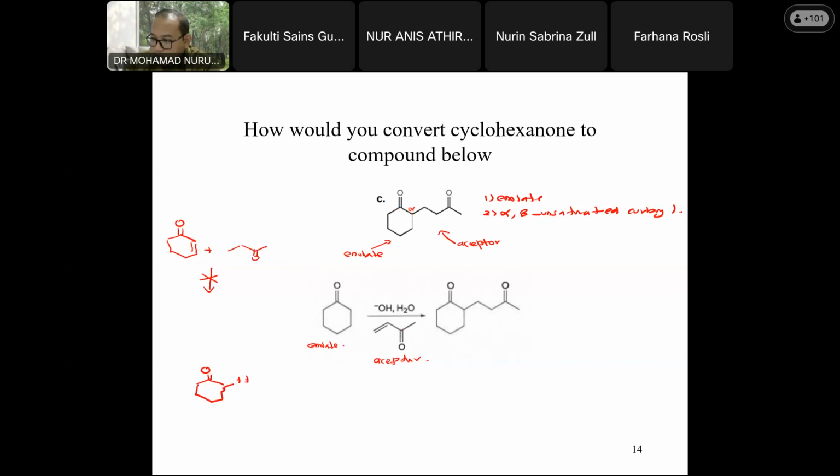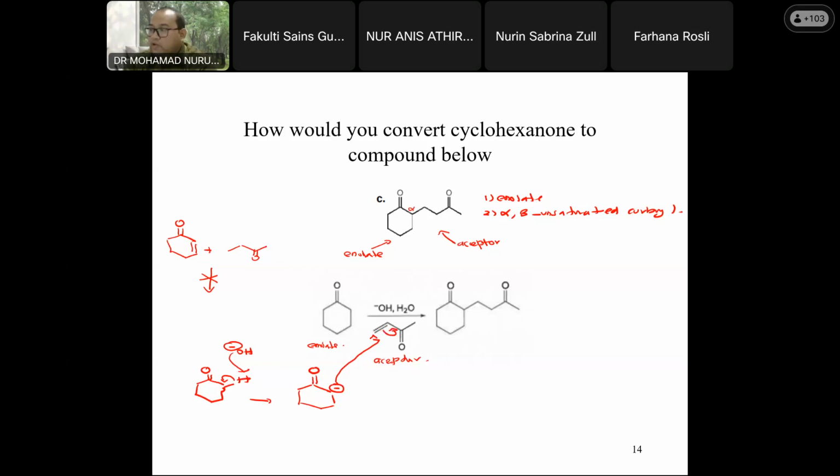This is the most acidic proton, for example. We extract the proton here, and after that this one will attack this carbon and give you this one.